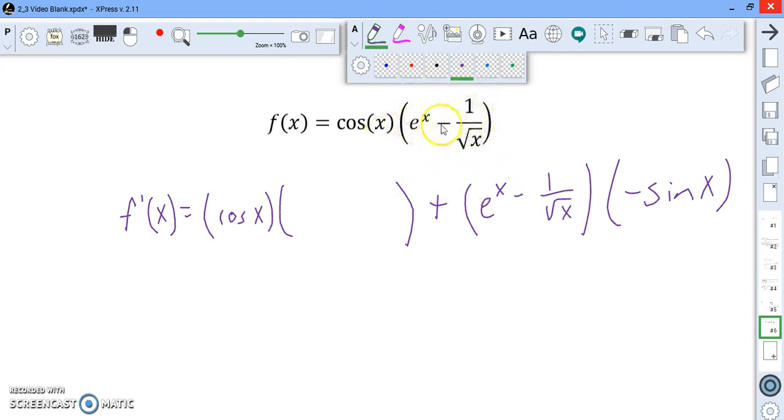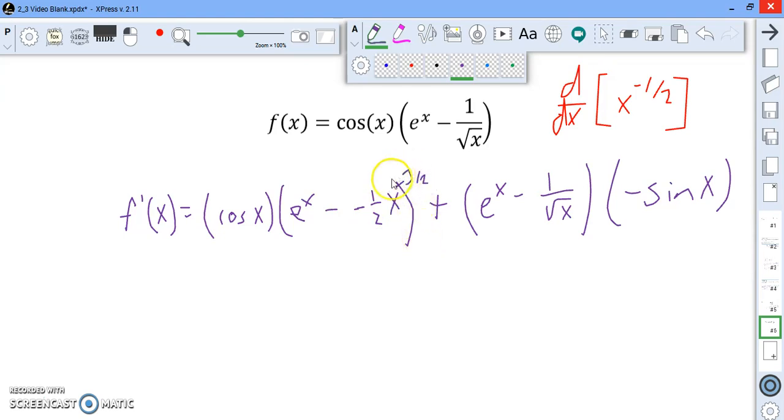So I just need to fill in derivative of this. Derivative of this is going to be derivative of the e to the x minus the derivative of this part. That's derivative of x to the negative 1/2. And so once it's written like that, I realize, okay, derivative of that is going to be negative 1/2 x to the negative 3/2. That's all inside the parentheses.